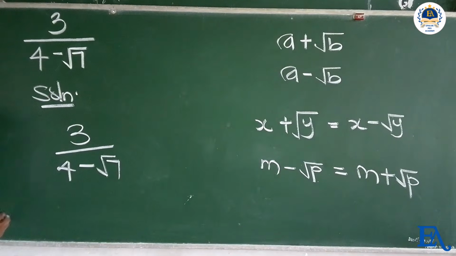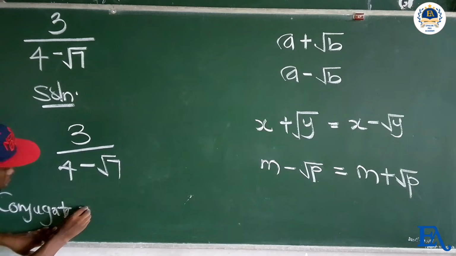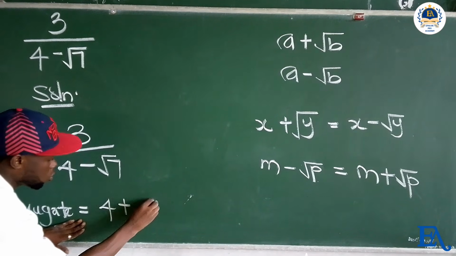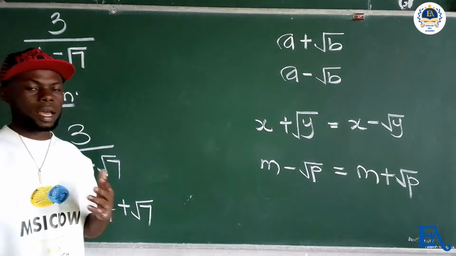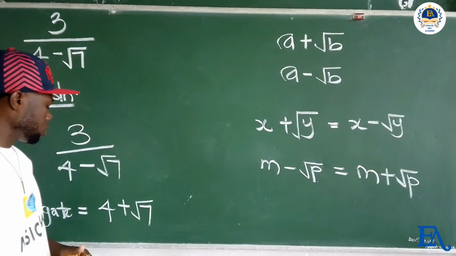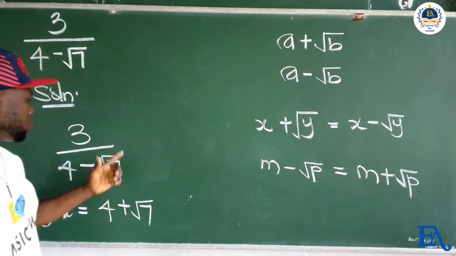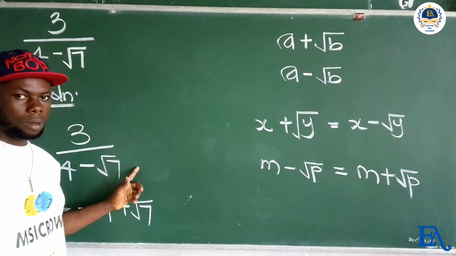So the conjugate is equal to 4 plus root 7. The next approach is to use this conjugate to multiply both the numerator and the denominator of this expression on the board.